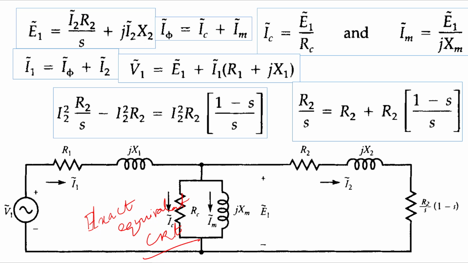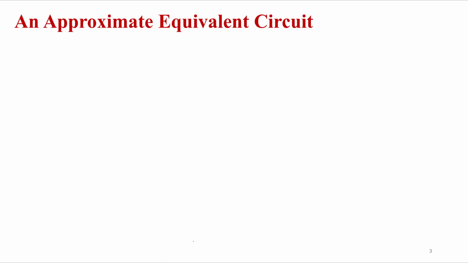What is this approximation and why do we need it? Because in order to simplify the calculation, we can approximate by assuming certain conditions or certain values in the circuit, right? So we'll see the approximate equivalent circuit of the induction motor.